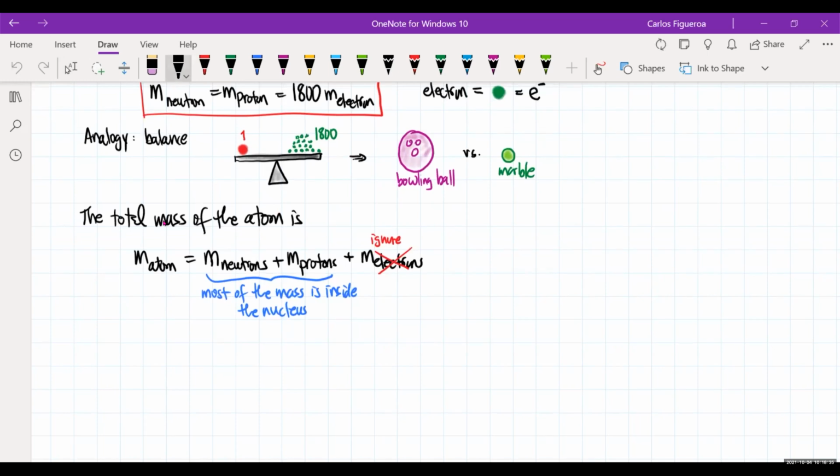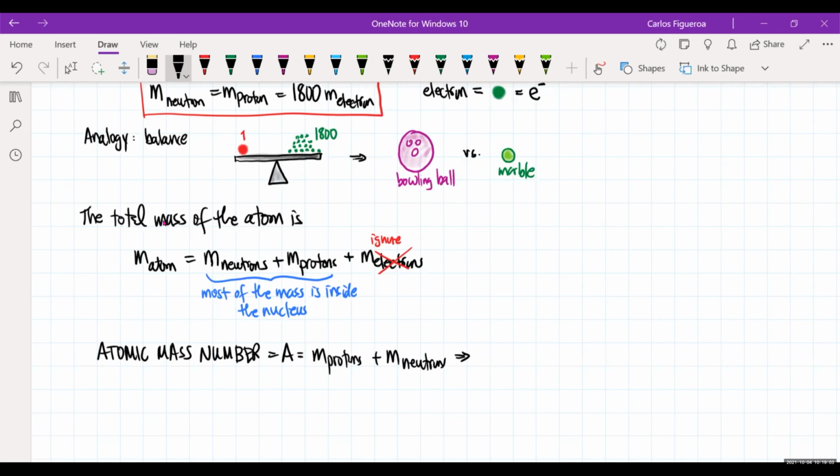So now, here we go. Definition: the atomic mass number is what we call A, and this is the mass of the protons plus the mass of all of the neutrons. And what does this tell us here?